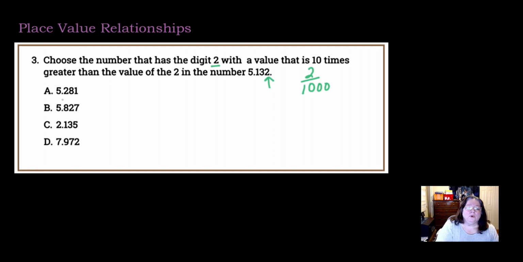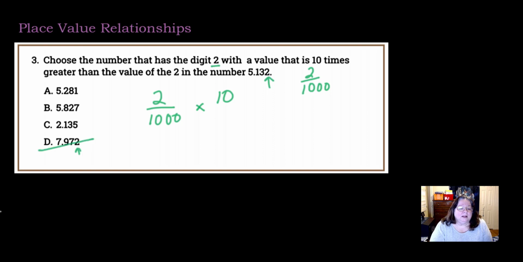So we're looking for one of these numbers where the 2 has a value 10 times this. We're looking for something that is 2 thousandths times 10. 10 times greater. Oh, remember what we said about every time we multiply by 10, the value is increased by a factor of 10. So here we have 2 in the thousandths place. We know it's not this one. Still in the thousandths place.